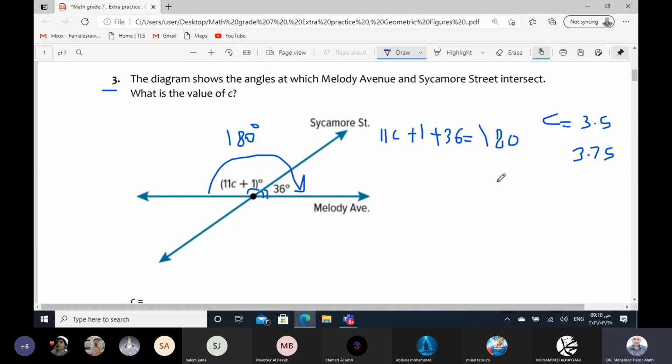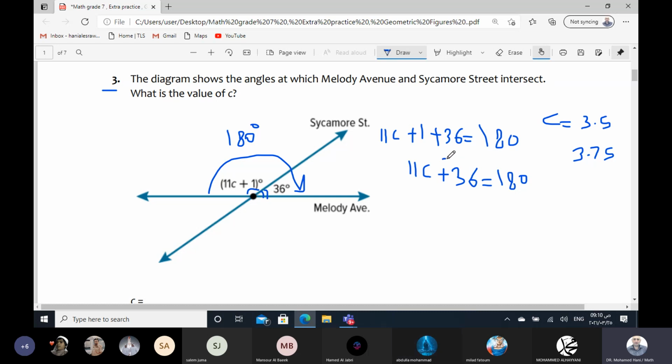So as you see now we have equation. We want to solve this equation. So start from here. 1 plus 36 will be 37. So we can write 11c plus 37 equal 180. Then we want to remove 37 here.